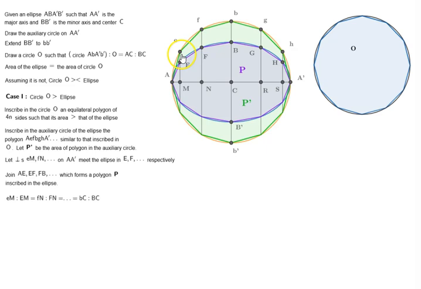em is to capital EM is equal to fn is to capital FN is equal to gr is to capital GR, hs is to capital HS.